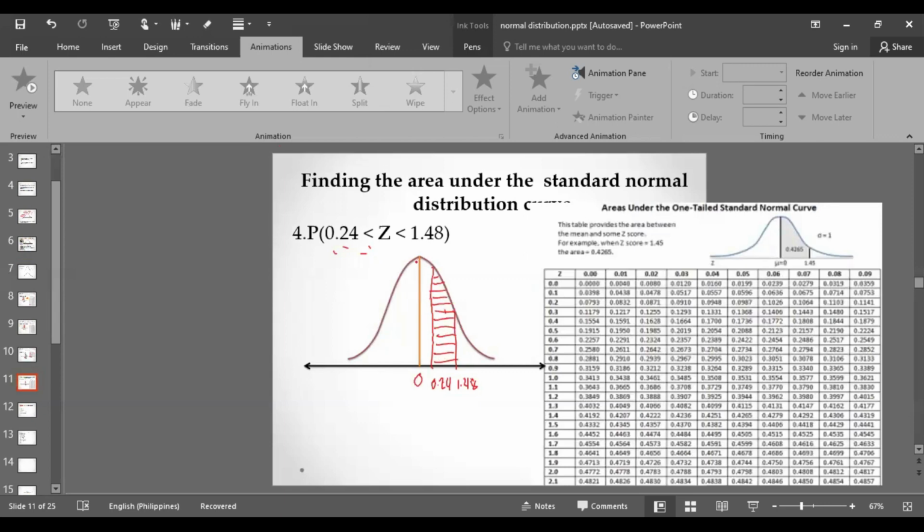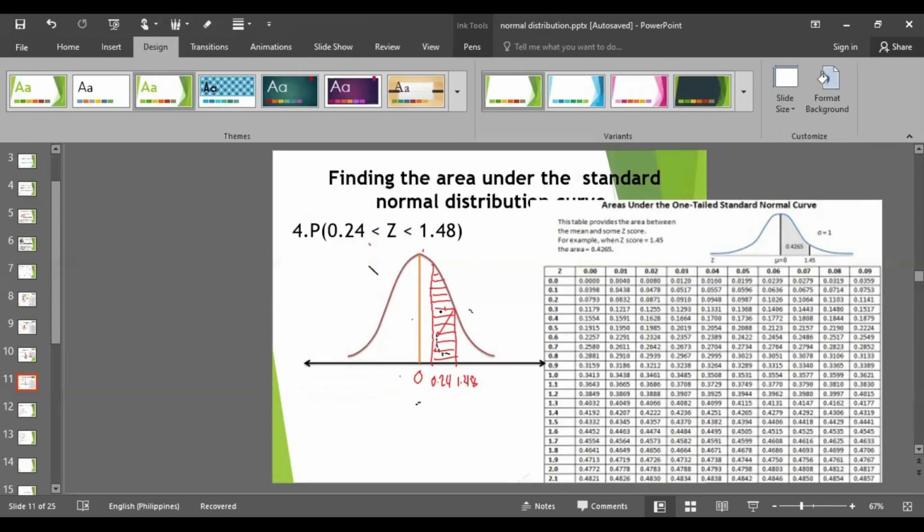And since hindi naman nasagasaan yung mean, we're going to use subtraction. And how can we compute for the area of this? We have to subtract the area between 0 and 1.48 to the area between 0 and 0.24.